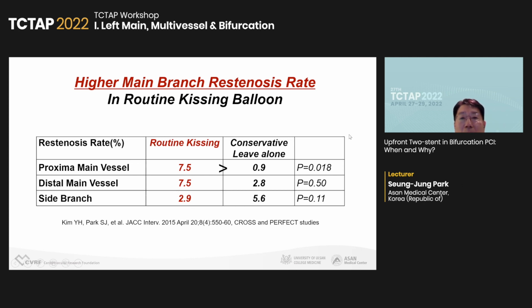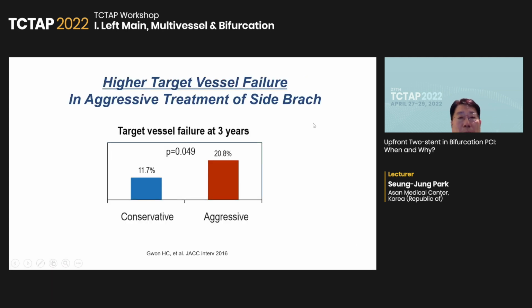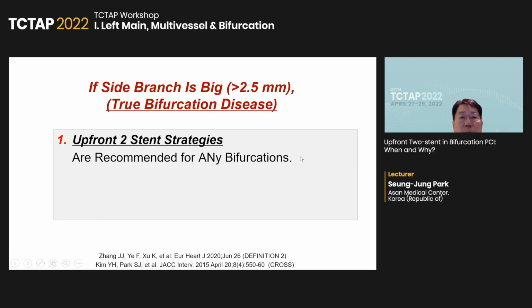However, routine kissing balloon inflation is not usually good for bifurcation intervention. Aggressive treatment of the side branch will give a higher target vessel failure at 3 years.